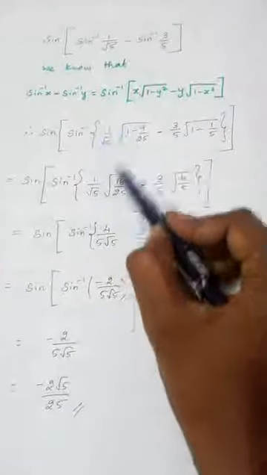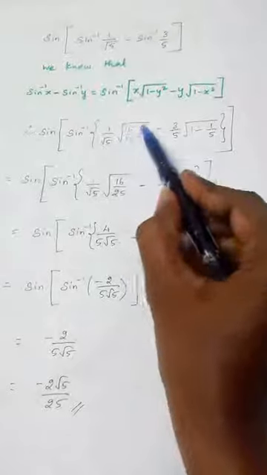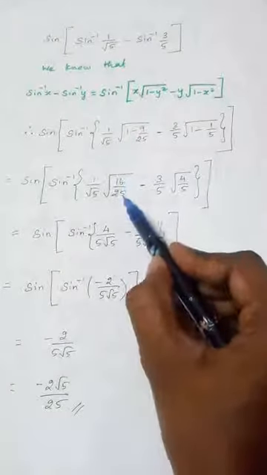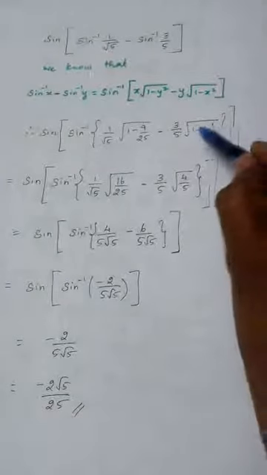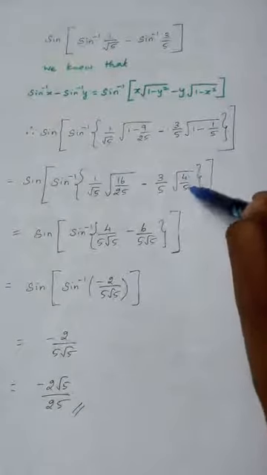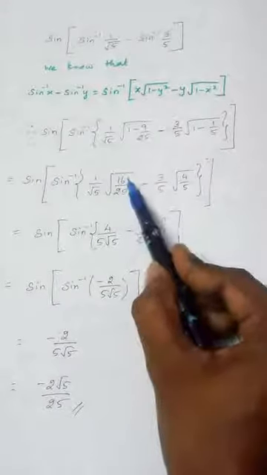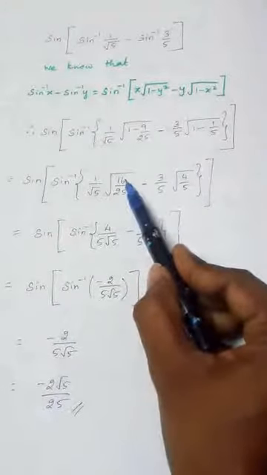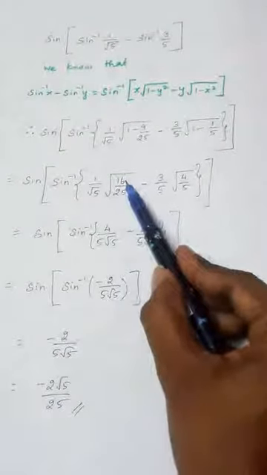Now 1 by root 5, cross multiplying, 25 into 1, 25 minus 9, 16 by 25, minus 3 by 5. Similarly, cross multiplying, 5 minus 1, 4 by 5. Sin inverse of, now if you take the square root, what will happen? Root 16 becomes 4, root 25 becomes 5. So this is 4, this is 5.